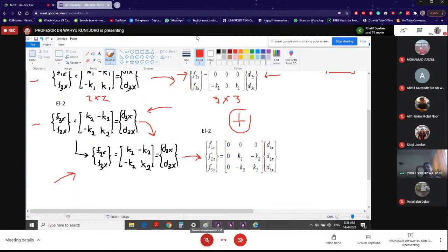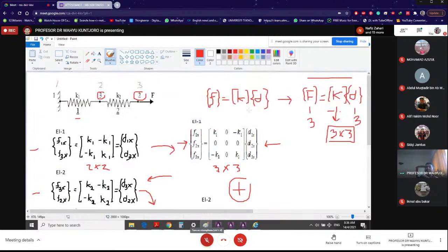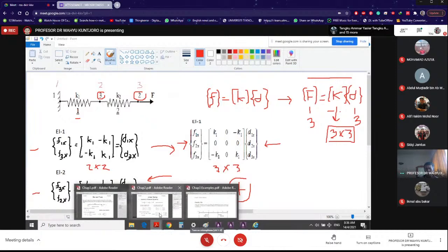Fine. So now you have learned how to construct your finite element model, which involves writing your element equation, and then expanding your equation based on the degrees of freedom of your structure. Once you are able to do that, what you need to do now is the combination.